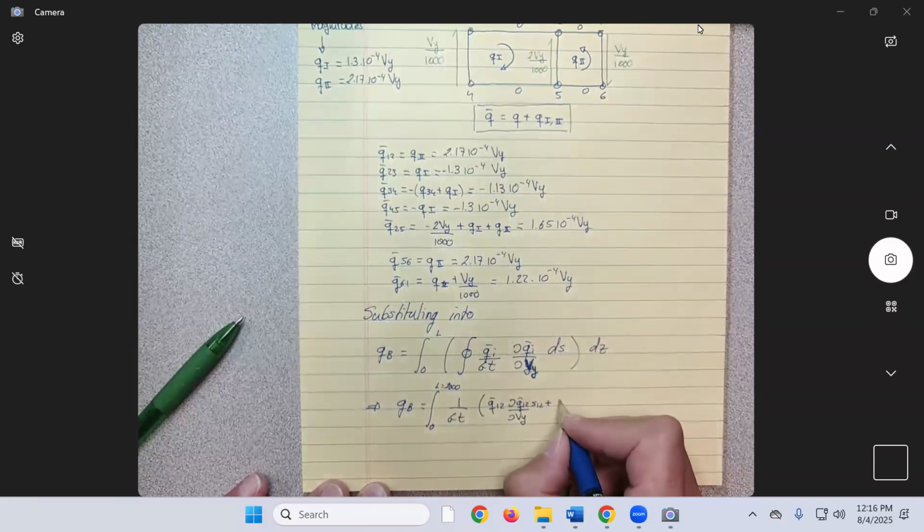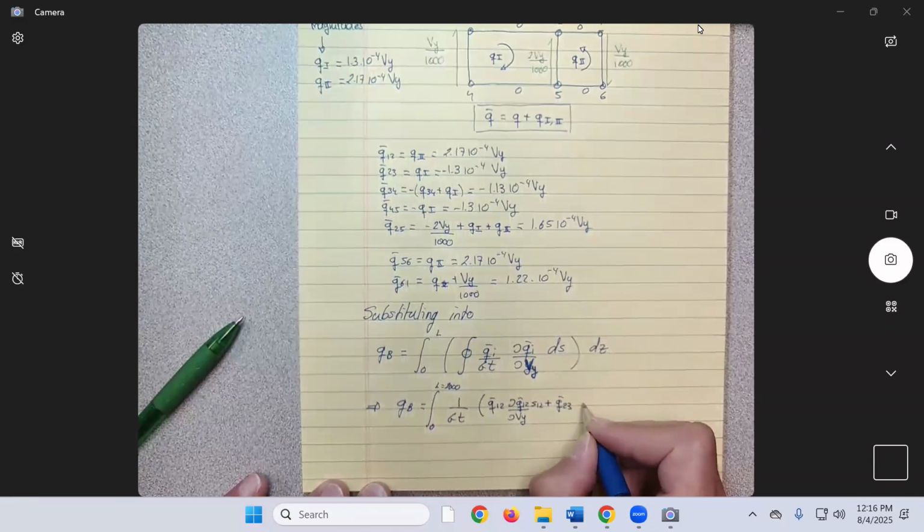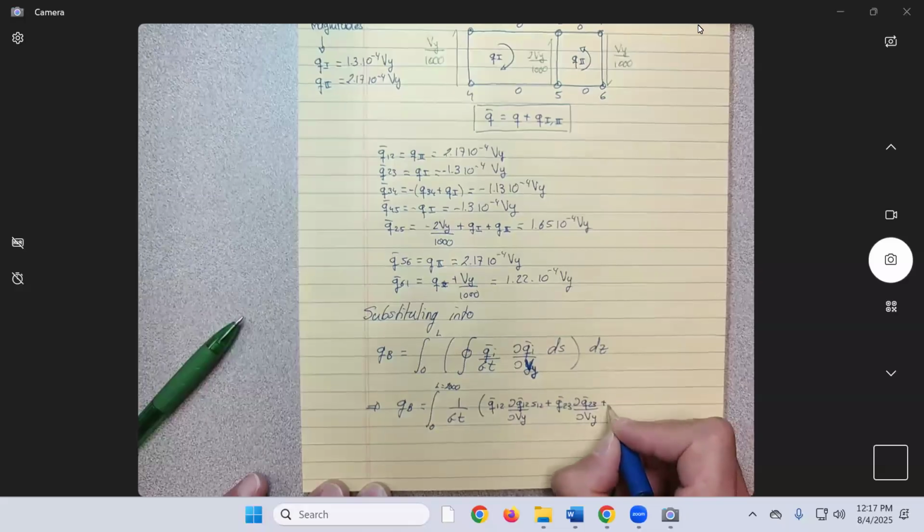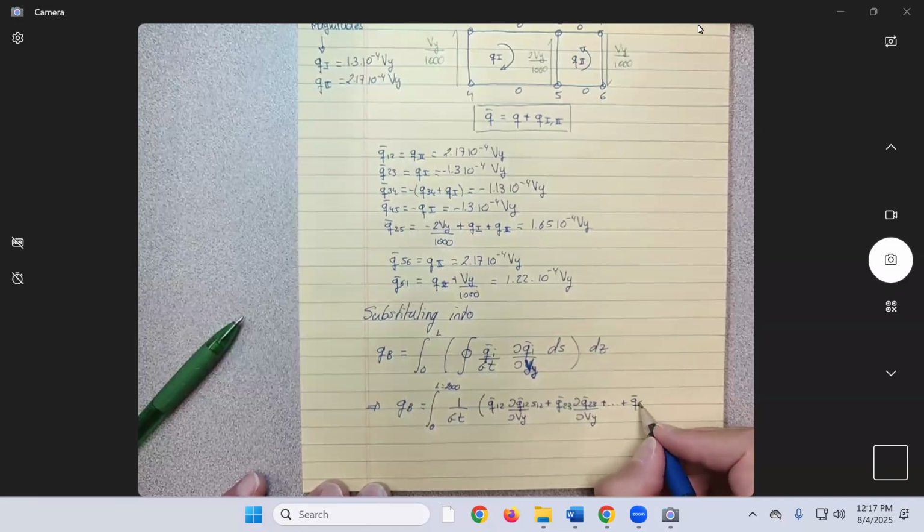I do one more, plus Q bar 2,3, partial of Q bar 2,3 with respect to Vy, all the way to the Q61.